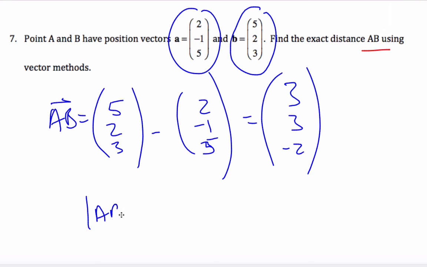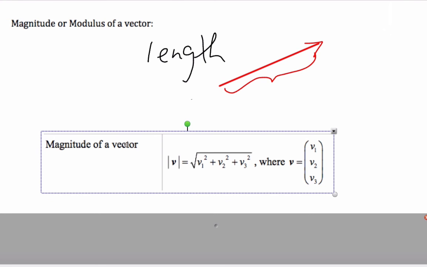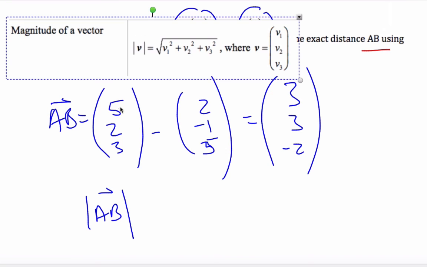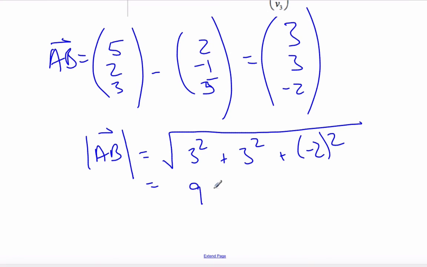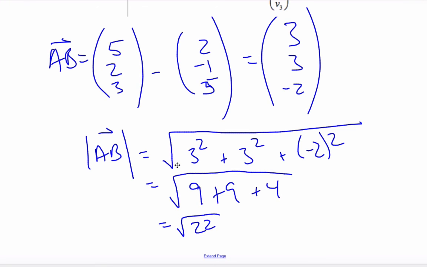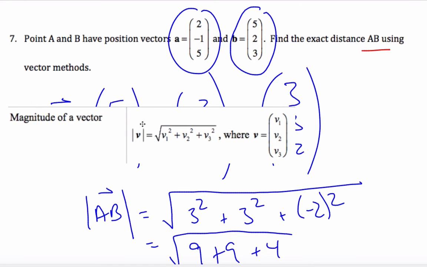Finding the magnitude, if I use my formula, I know that it's simply the square root of 3 squared plus 3 squared plus (-2) squared, which gives me 9 and 9 and 4, which is 22, so the square root of 22. That is the length or the exact distance of AB using vector methods.